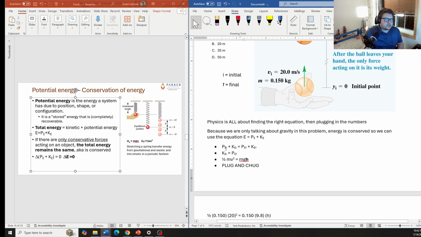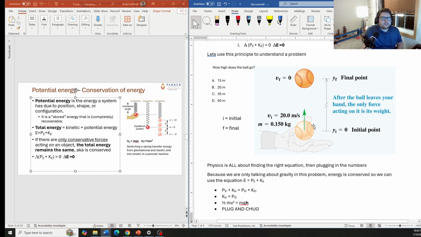So we look at our equation. We say, okay, the potential energy initial, so the potential energy at the beginning, plus the kinetic energy at the beginning equals the potential energy at the end plus the kinetic energy at the end. We know at the very beginning, in reference to the hand, the potential energy here is 0.